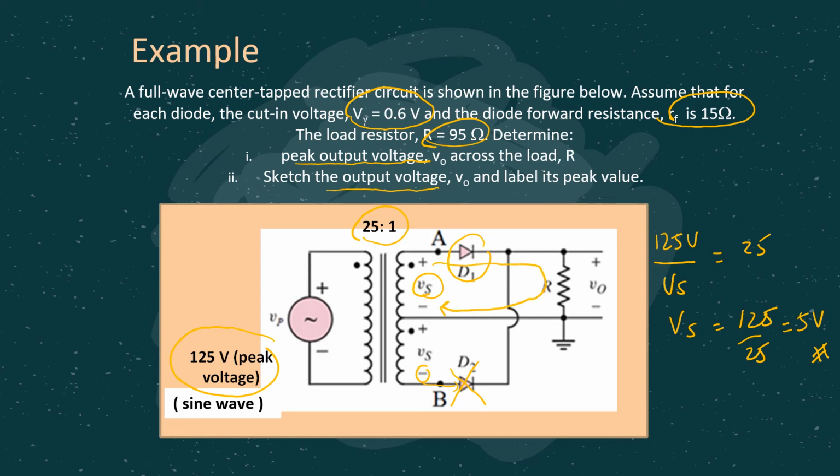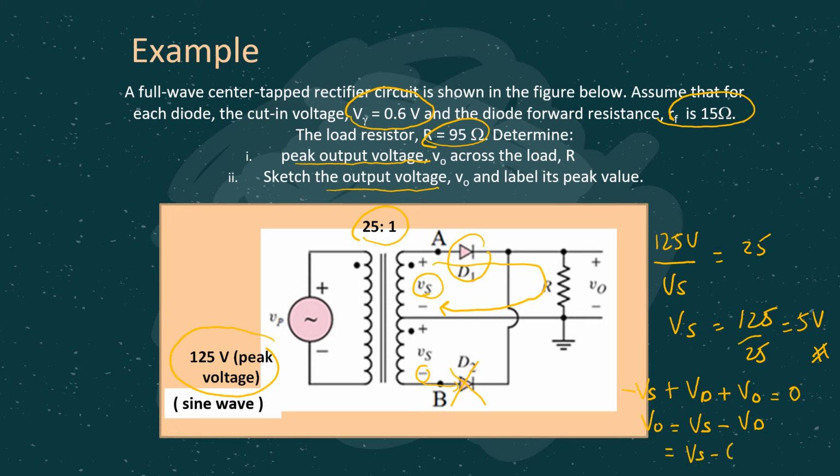So as we know, if we do KVL, minus Vs plus Vd plus V naught equals 0. So in this case, our V naught is equal to Vs minus Vd. And what is Vd?